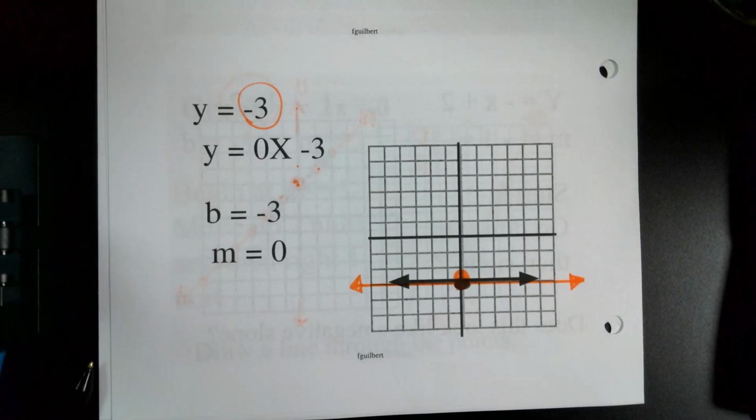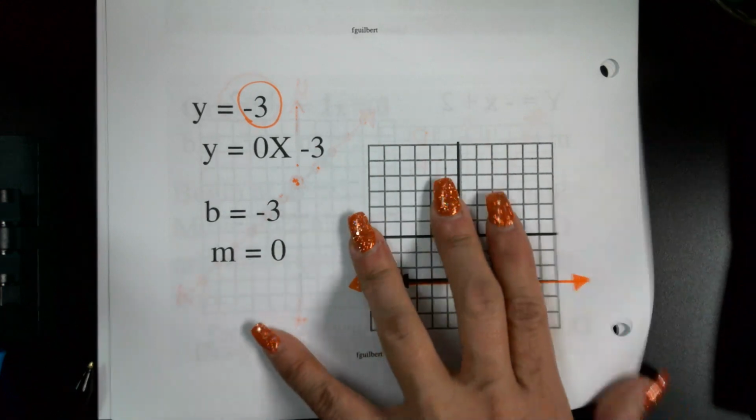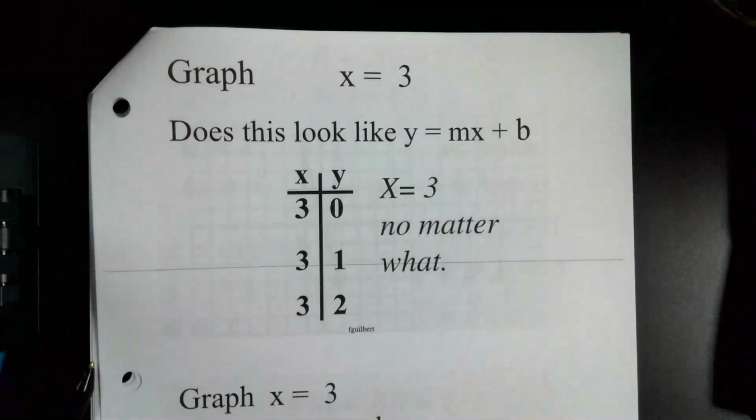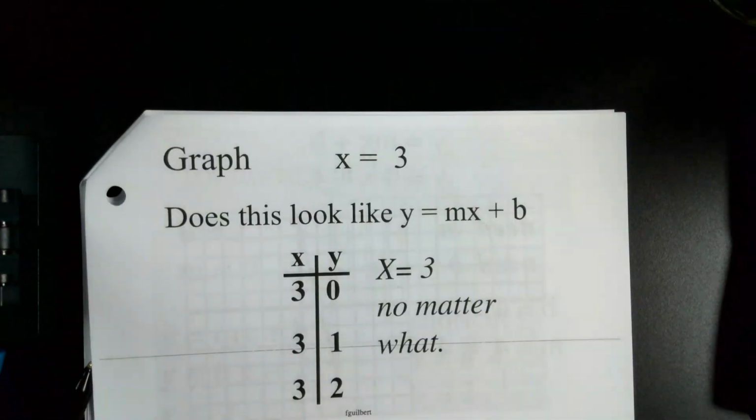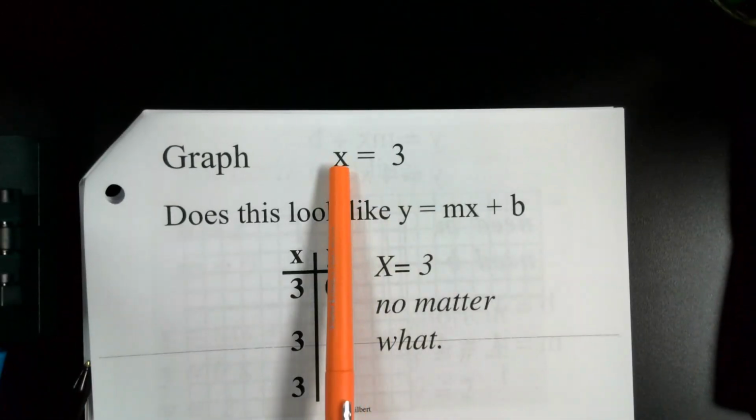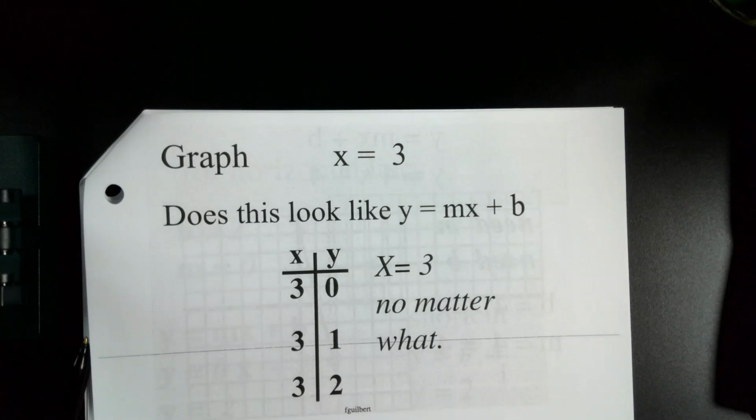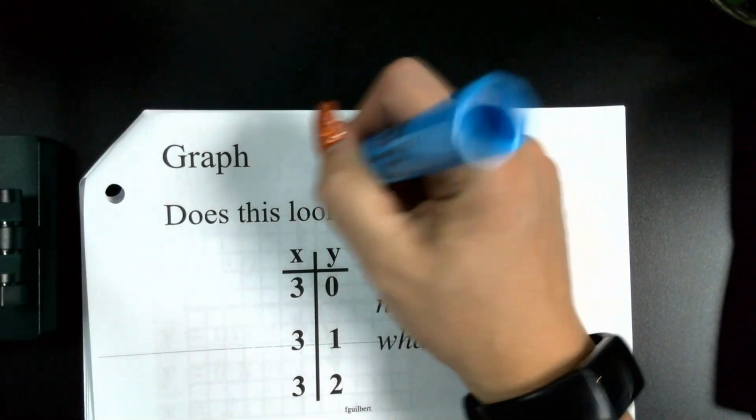Okay, so we have done one that had a positive slope. We did one that had a negative slope. We just did one that was flat, so it had a slope of 0. What's the only one we haven't done yet? The vertical one that's undefined. That's what is on this next page. Tell me what is different about this equation. It says x equals.